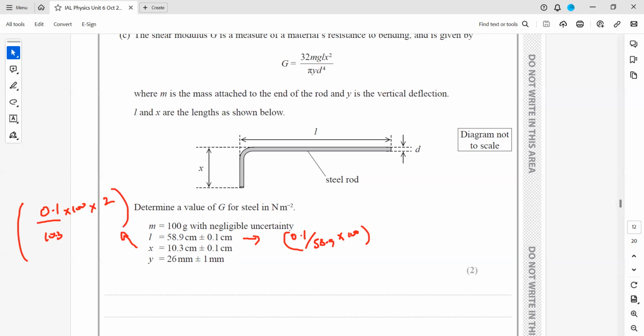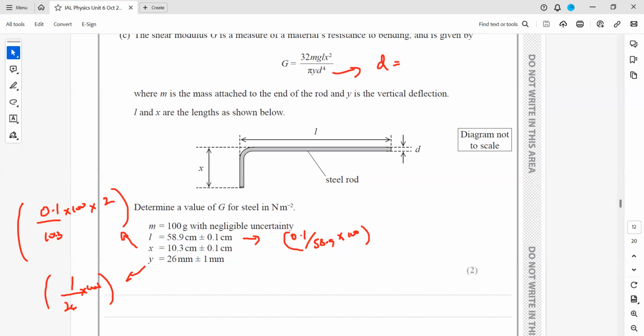Then what about the uncertainty in Y? It will be 1 divided by 26 into 100, but with no multiplication factor. And what about the uncertainty in D? For D, we calculated that uncertainty in the previous part.